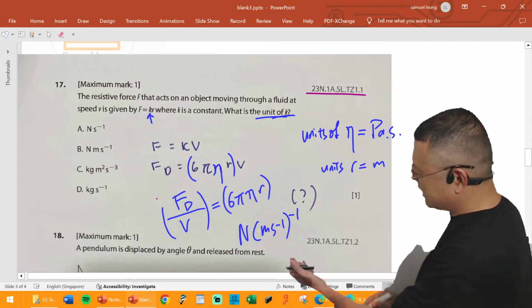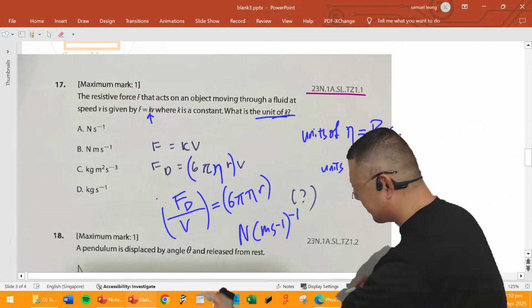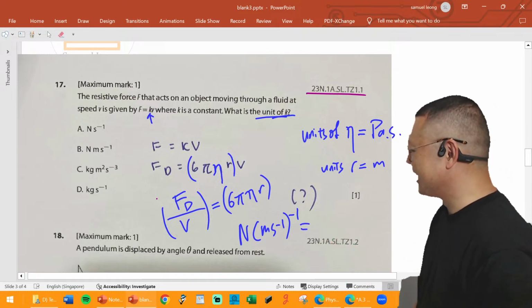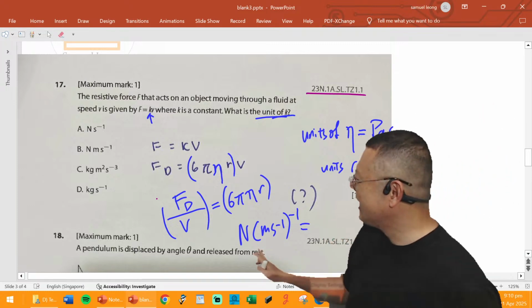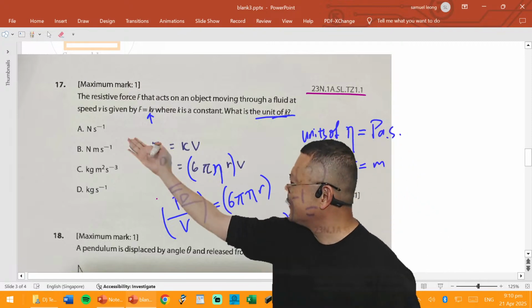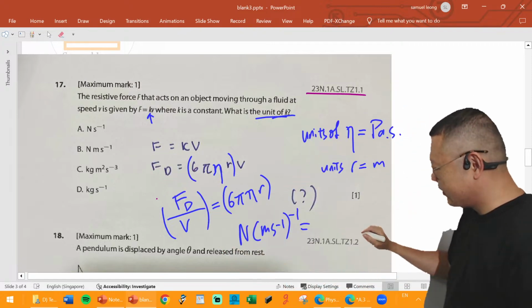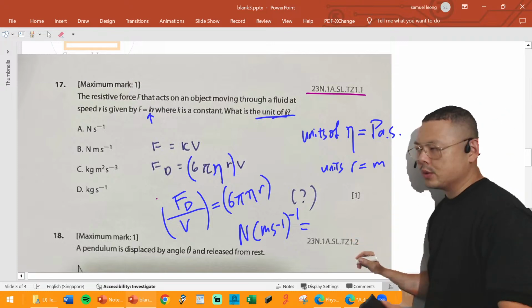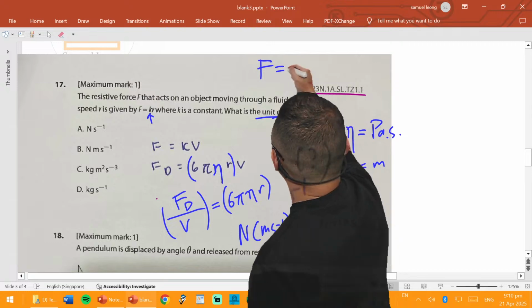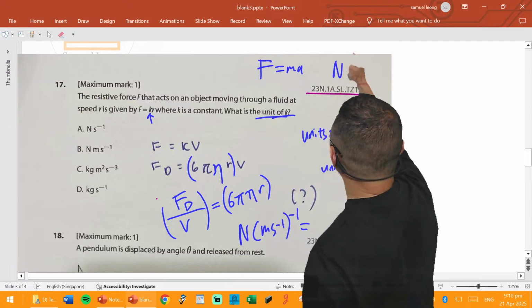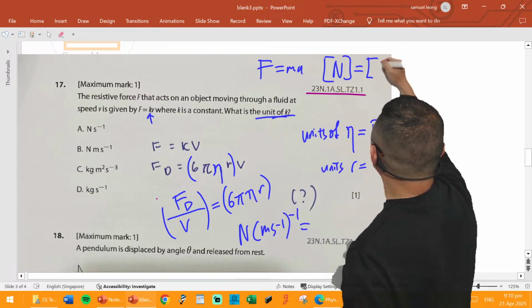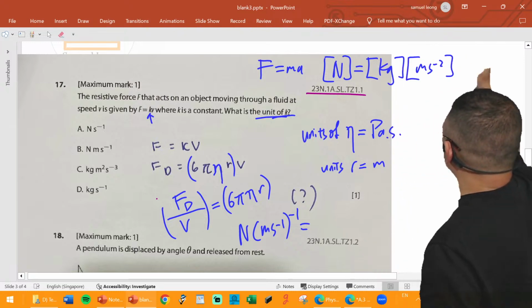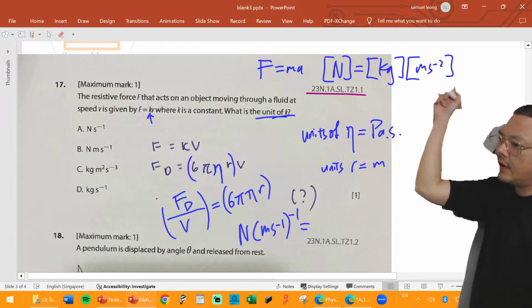Then we see whether there's an option. Yes, you're right, Eric. There's no option like this. So you basically have to expand Newton. This one at least you must know. We know that F equals ma, so the units of Newton is kg m s^-2.